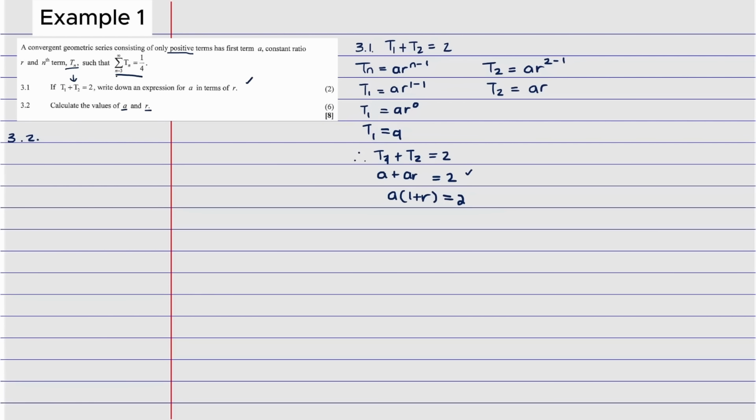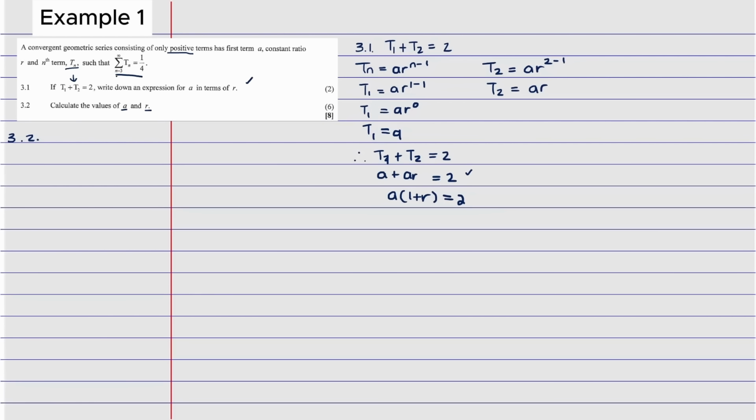This is a difference of 2 squares. So we square the first number and the last number. It's going to be 1 squared minus r squared equals 8 divided by 9. Take the 1 to the other side.